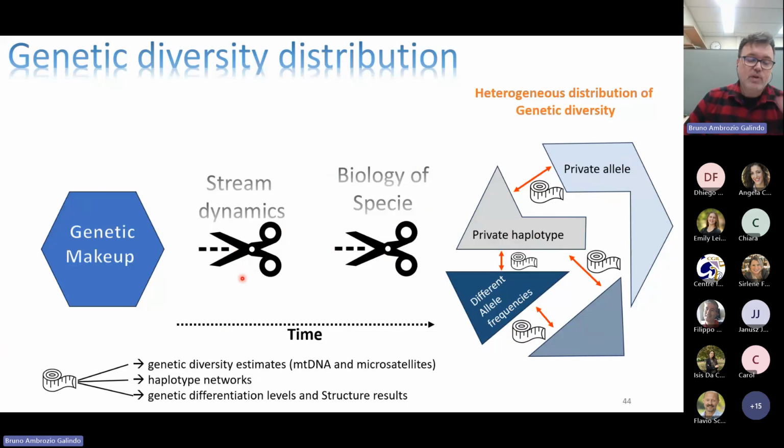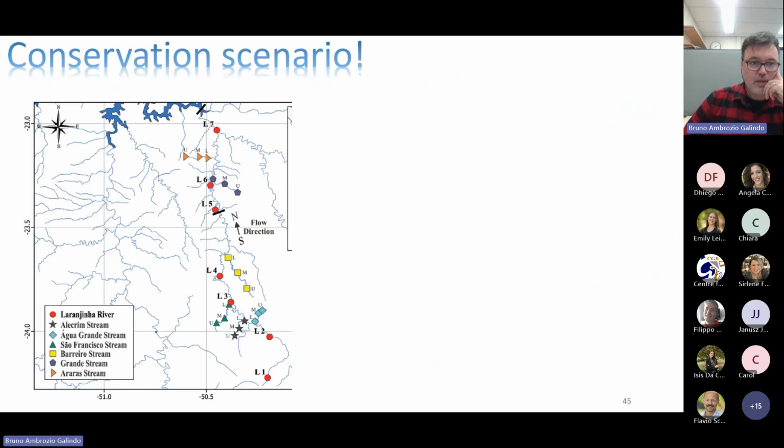They are less stable environments. And we can measure these differences with genetic diversity estimates like mitochondrial DNA or microsatellites, haplotype networks, genetic differentiation levels, and structure results. All of these tools can help us to understand this differentiation process.